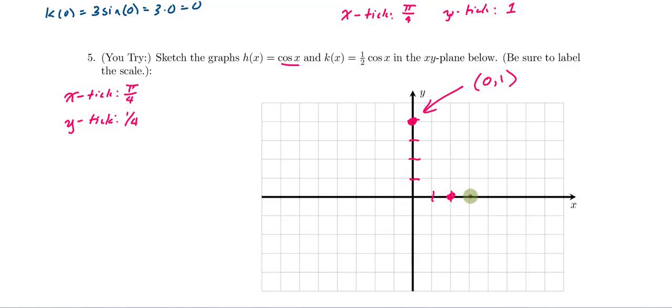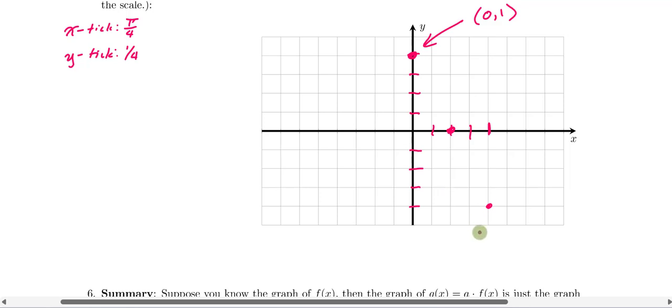And then there's 3 pi over 4, there's pi, and we know that the cosine of pi should be -1, but on my axes here I'm letting each tick mark be 1/4, so minus 1/4, minus 1/2, minus 3/4, minus 1. And so there's the ordered pair. Let me scroll down just a little bit. Here's the ordered pair pi, -1.